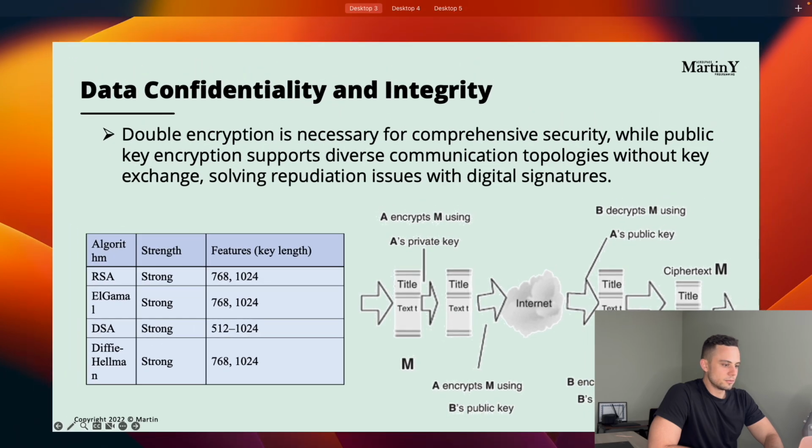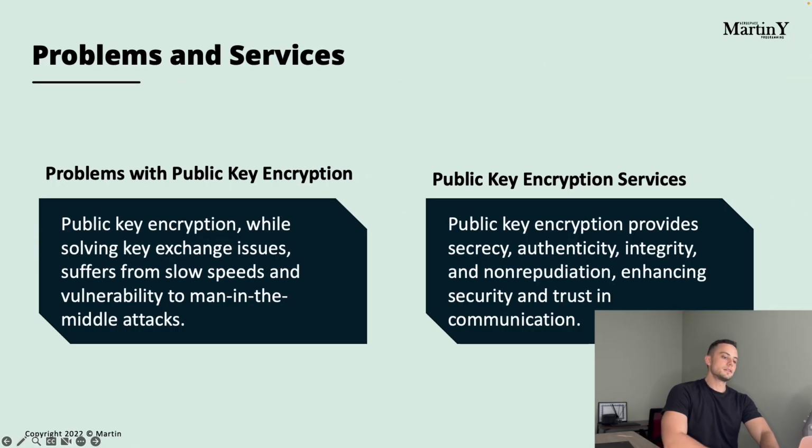So what are the problems with public key encryption? Although it is way more secure compared to the symmetric key, there is one disadvantage: obviously public key encryption takes more time, because we're doing it four times.